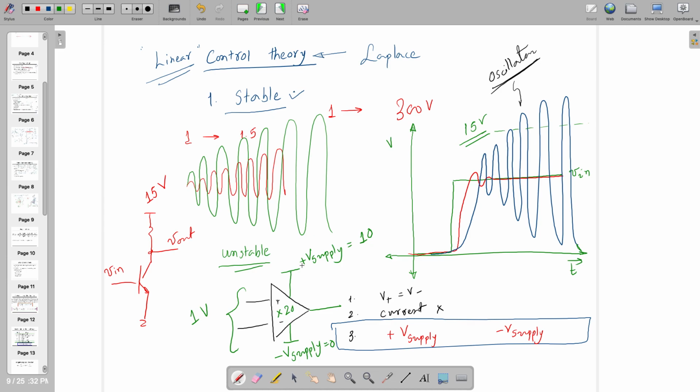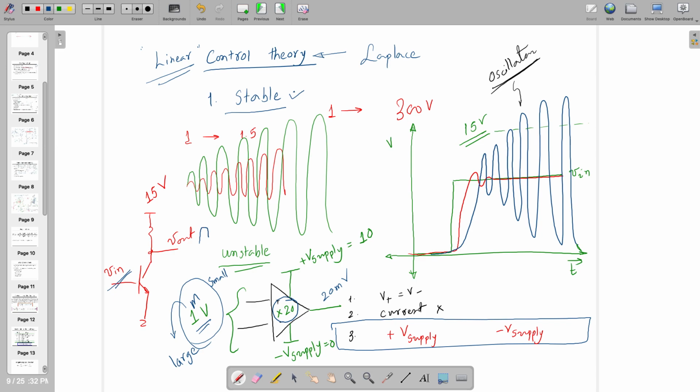So that is the problem with the saturation of your circuit, and those kinds of signals are known as large signal, because your output is getting saturated. But if it is 1 millivolt, your output will be 20 millivolt. So if you are within the limit, all those signals are considered as small signals, and that's why you are always feeding a small signal as input to your amplifier to just check the output.